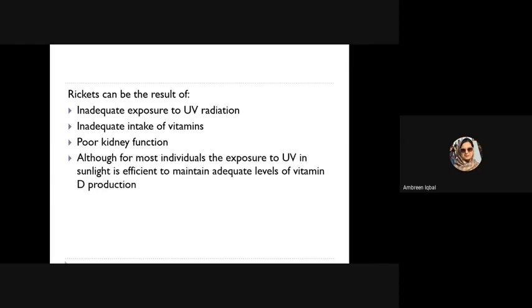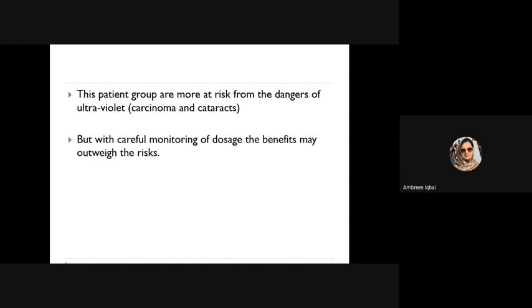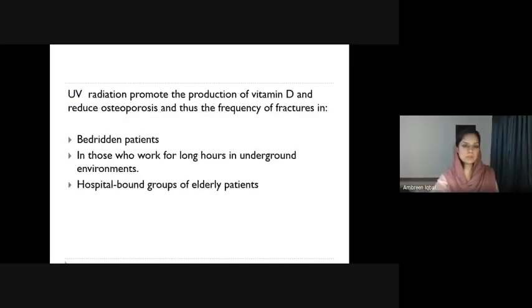Although for most individuals the exposure to ultraviolet in sunlight is sufficient to maintain adequate levels of vitamin D production, ultraviolet radiation promotes the production of vitamin D and reduces osteoporosis, and thus the frequency of fracture is reduced in bedridden patients, like those with fractures in ICU, stroke, paralysis, and especially elderly patients who have a sedentary lifestyle.